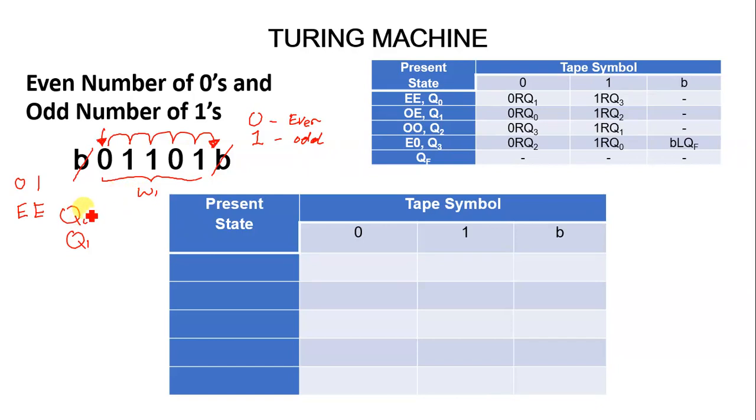At Q0, actually the tape head will read the first alphabet, the symbol 0.